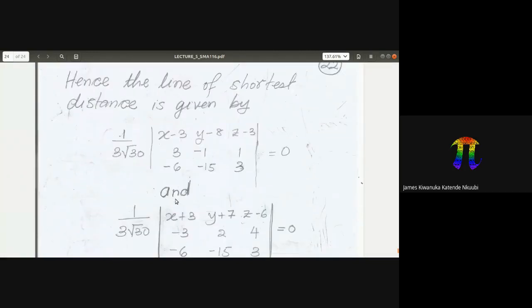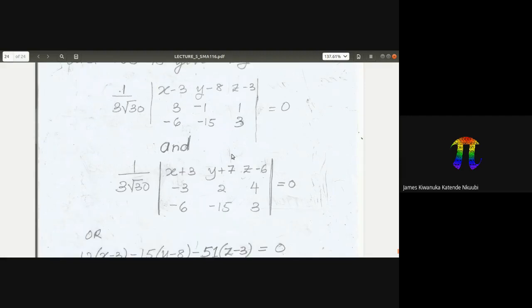And that will be the intersection of these 2 planes. So the intersection of these 2 planes will give you the line of shortest distance. So these 2 are obtained from the formula we set up earlier.